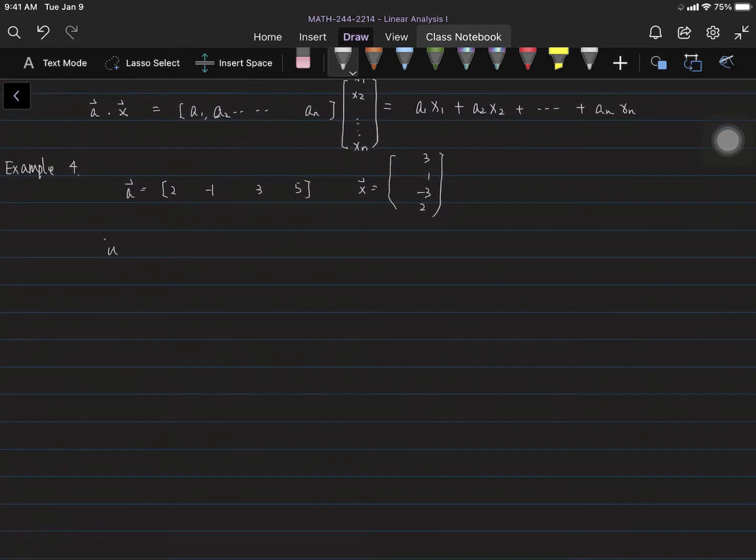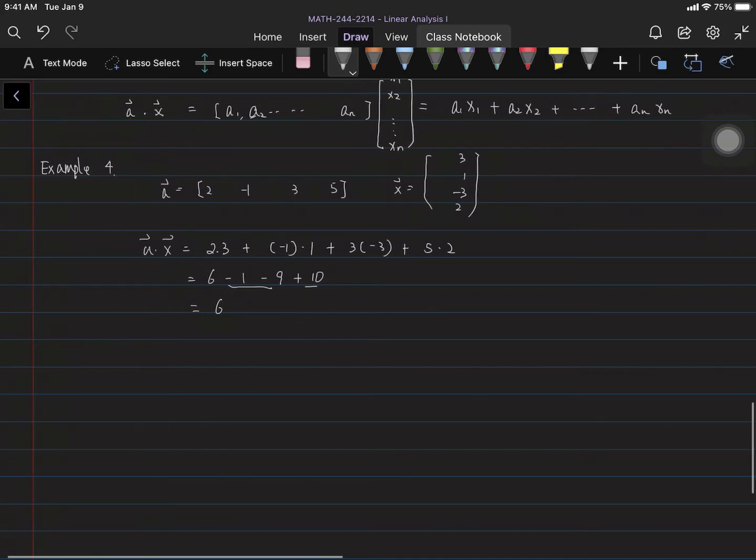So let's see, A times X equals what? It's going to be 2 times 3, negative 1 times 1, plus 3 times negative 3, plus 5 times 2. To simplify, 6 minus 1 minus 9 plus 10. This is negative 10, the 10 cancels. So it just equals 6.